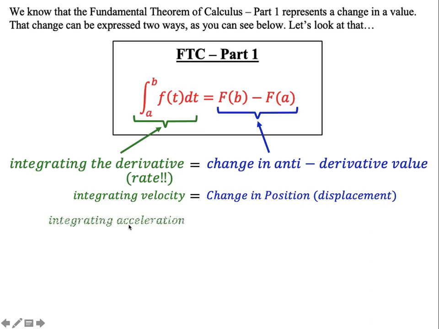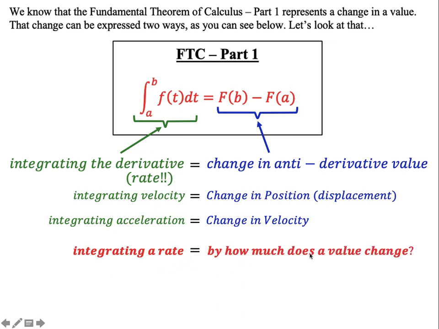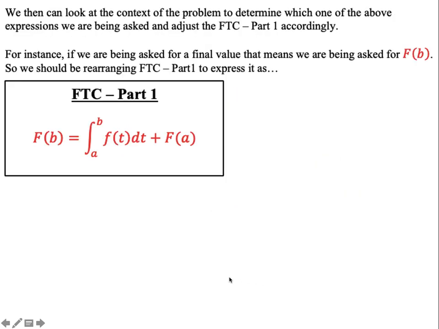Or we could integrate acceleration, because acceleration is also a rate. It's the rate of change in velocity. If we integrate the acceleration, we get the change in velocity, and those 2 things are equal. Those are examples from the last class. In general terms, if we integrate a rate, that should equal the change in the antiderivative. Integrating the rate equals by how much the antiderivative changes.